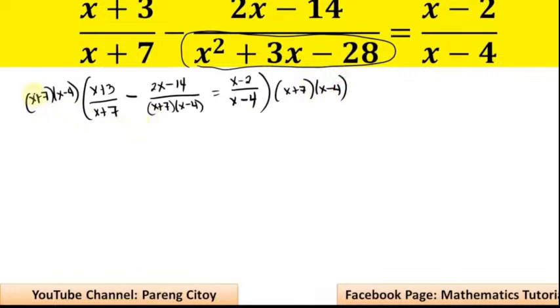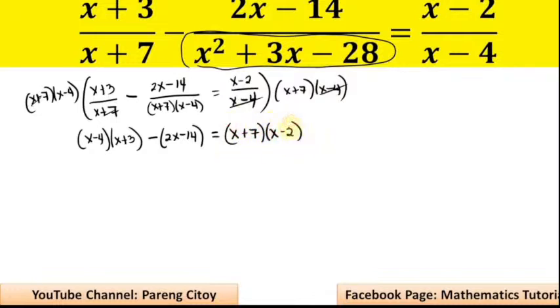Then i-divide natin ito, ma-eliminate, so remaining is x minus 4 times the numerator x plus 3 subtract, ito magiging 1 times the numerator, that is 2x minus 14 equals, eliminate, so remaining is x plus 7 times x minus 2.